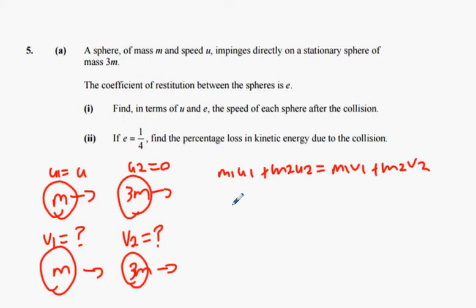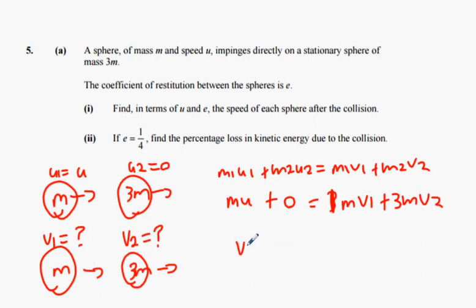Please stay on top of me if I write a 4 instead of a U, okay? So we're going to get MU plus 0, because U2 is 0. Then we're going to get MV1, and then 3MV2.